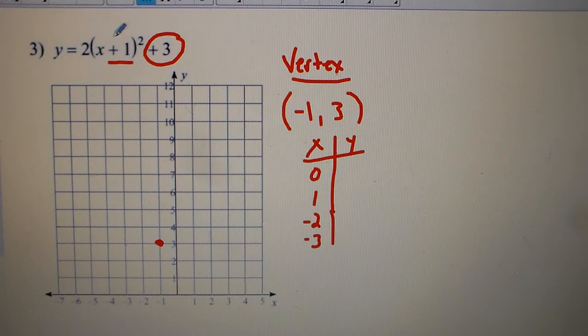So when I plug in 0, 0 plus 1 is 1. 1 squared is 1. 1 times 2 is 2. 2 plus 3 gets us 5. So our output is 5. When I put 1 in there, 1 plus 1 is 2. 2 squared is 4. 4 times 2 is 8. 8 plus 3 is 11. So we have 1, 11. So 1 to the right, 11 up.